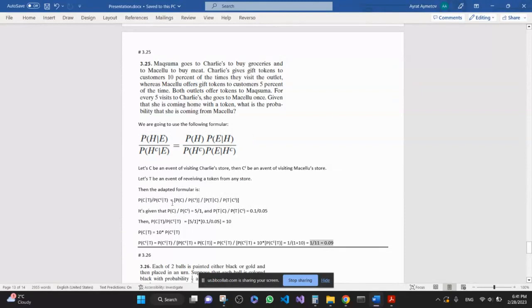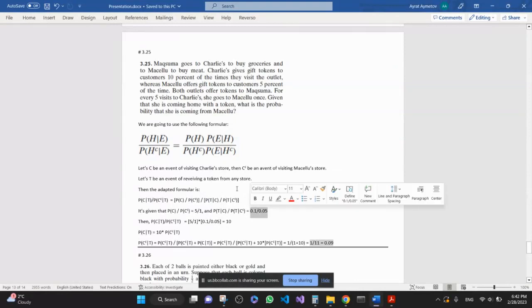From the description of the problem, the proportion of the probability of visiting Charlie's store to the probability of visiting Marcelo's store is 5 to 1. That's this part here. And then the proportion of having a token from Charlie's store to having a token from Marcelo's store is 0.1 to 0.05, 10% to 5%.